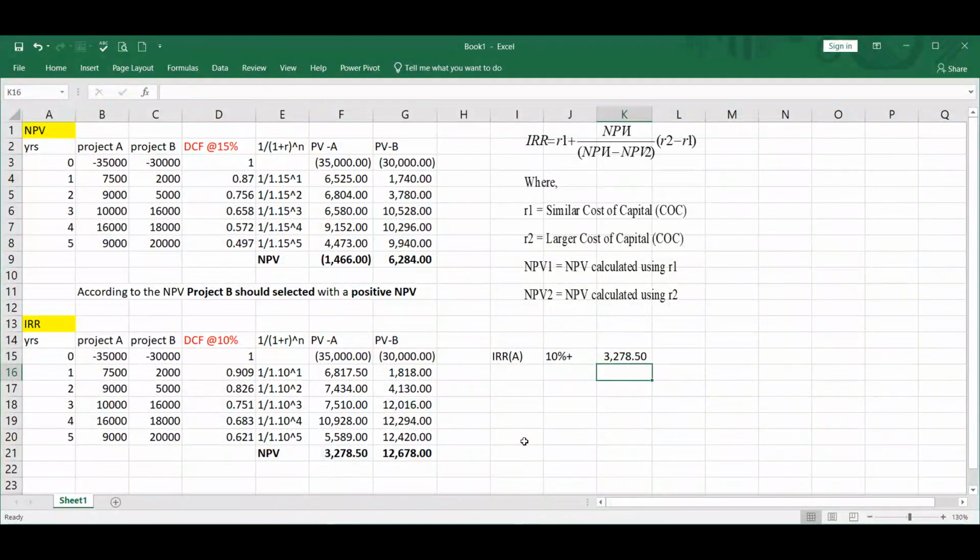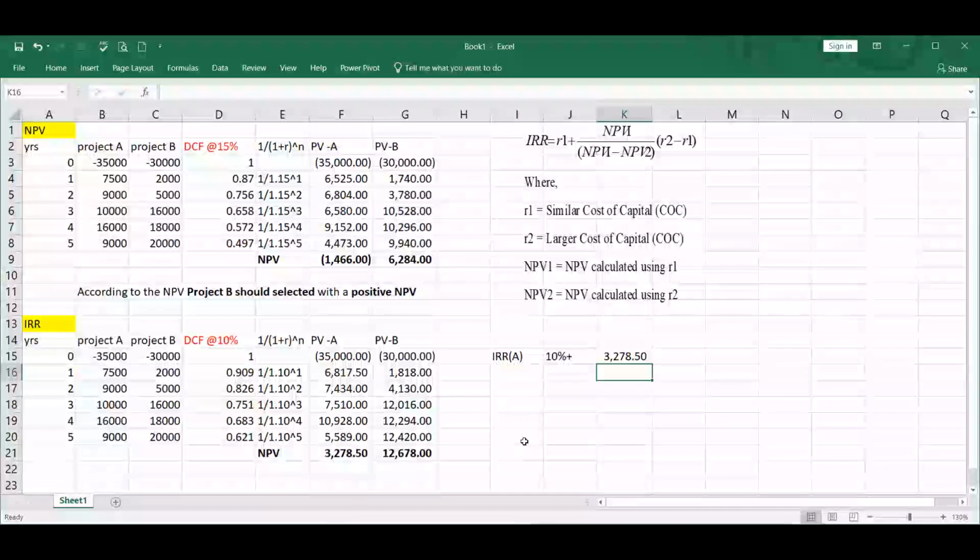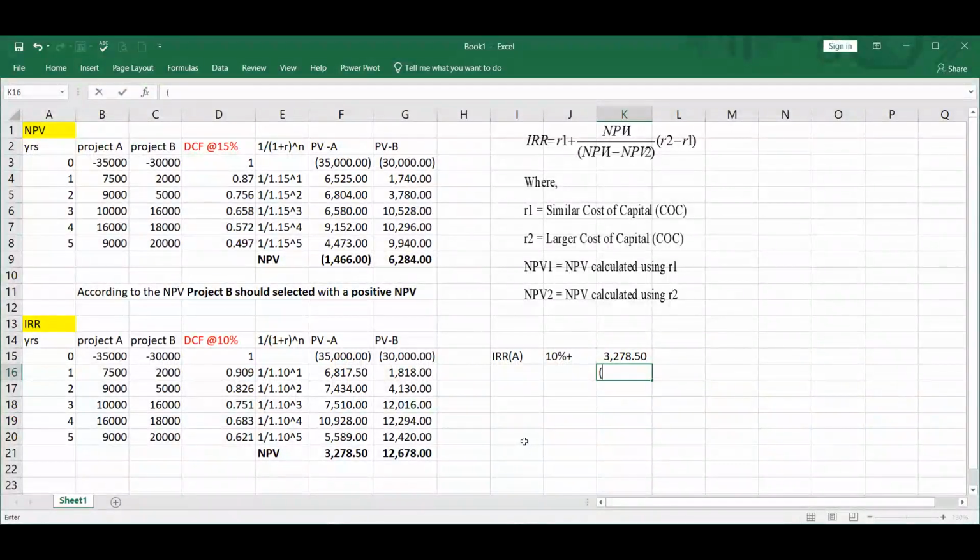Then from that figure, we have to divide the difference between the projects. So the difference is: from the lower figure project, we have to deduct the higher figure project. So which means here we have to deduct 3,278.50 minus, then again within the bracket, we have to put 1,466.